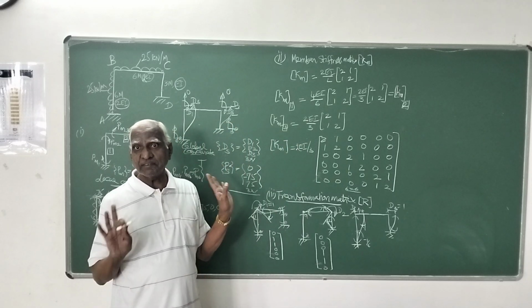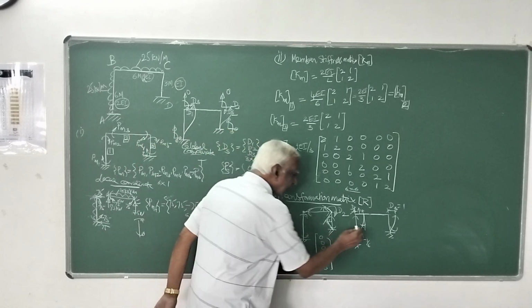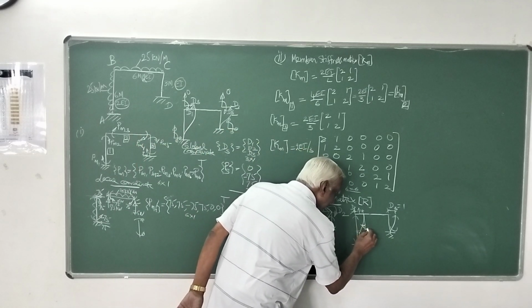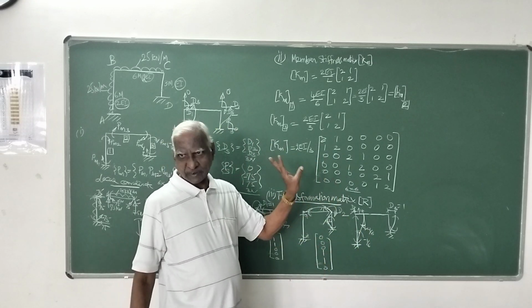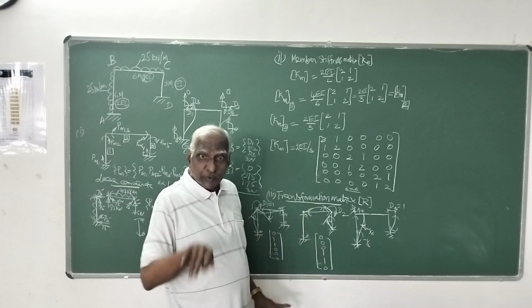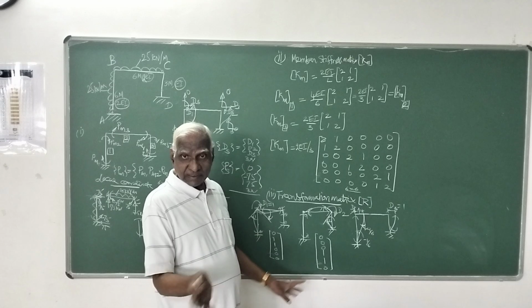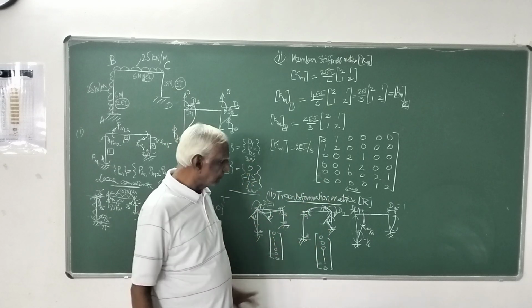So here also minus 1 by 6. Why minus? It is clockwise movement. But don't take clockwise movement as positive for sway; clockwise rotation is positive otherwise. There is a difference between displacement and this in sway.